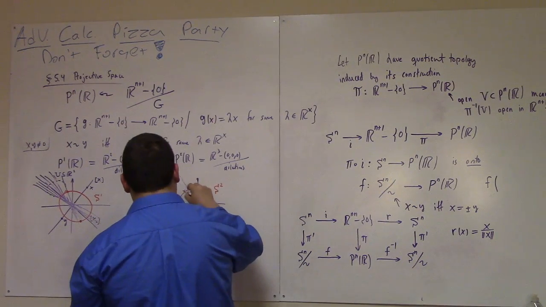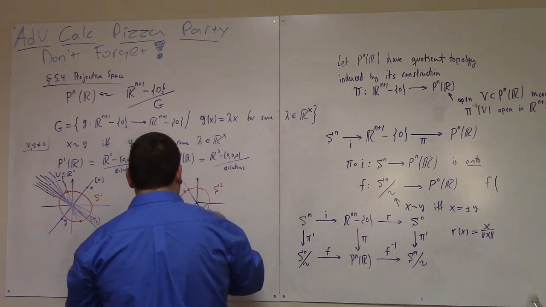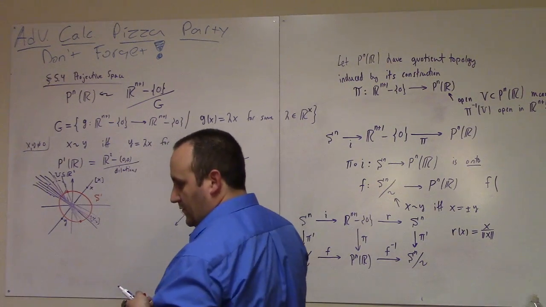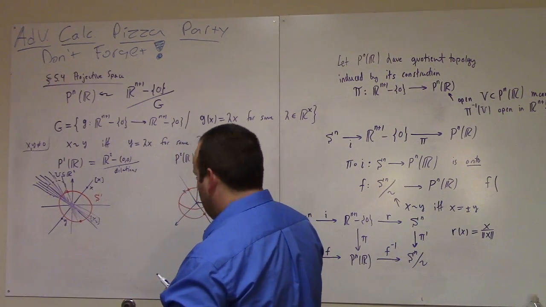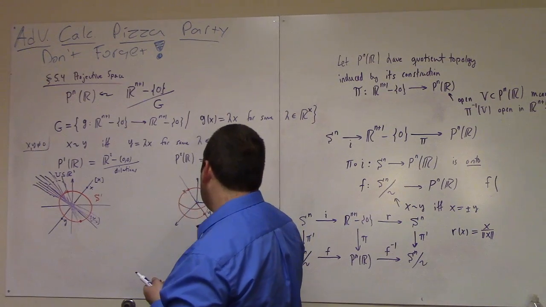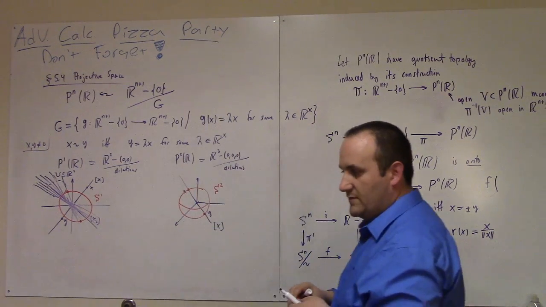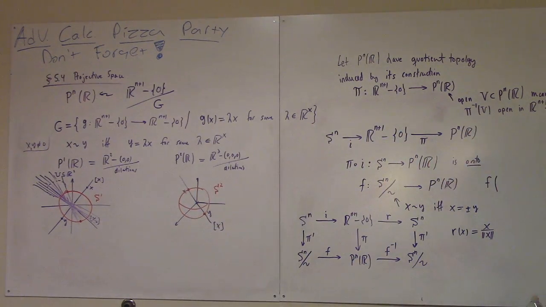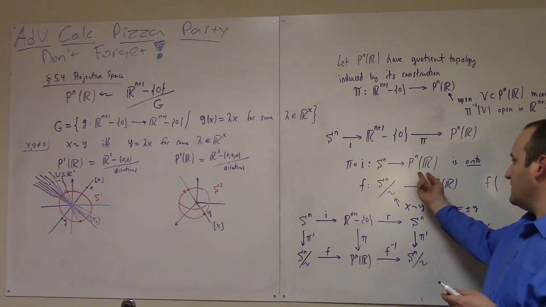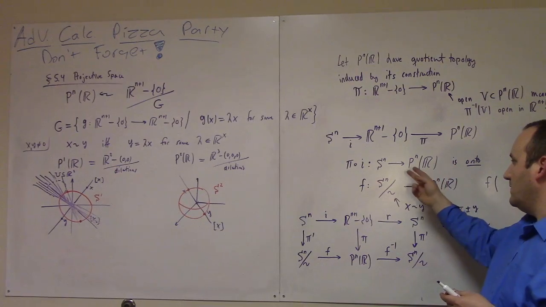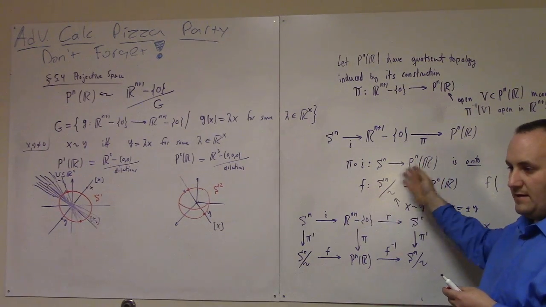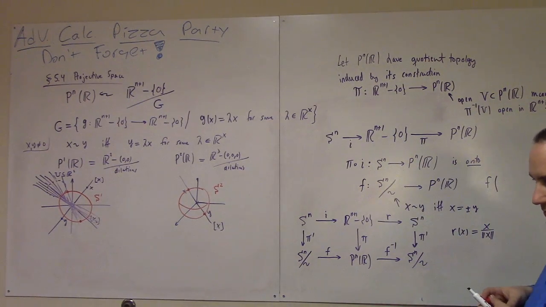And so like this line cuts through this pair of antipodal points. So that pair of points is identified with that equivalence class. And so we can trade projective n space for the n-sphere mod antipodal points.